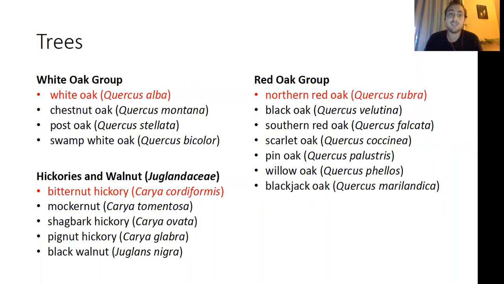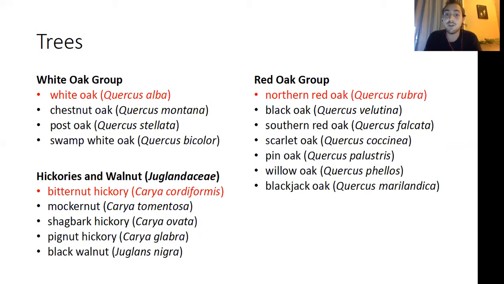So with all of our trees in the oak groups, we're focusing on our two main representations of the two different types of oak groups, the white oak group and the red oak group. Within the white oak group, we'll look into specifics for our white oak, as well as discuss comparisons with chestnut oak, post oak, and swamp white oak.